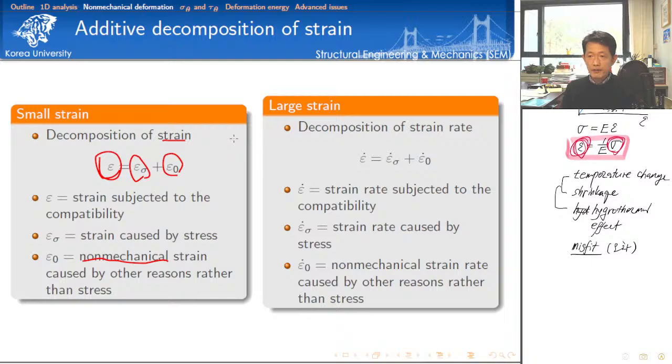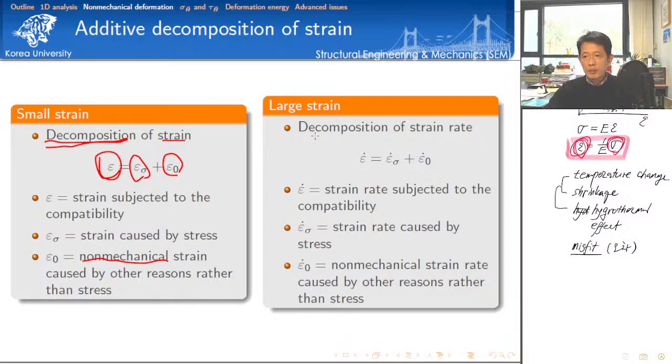But what if we have large strain? In the case of large strain, the linear decomposition of strain is not valid, okay? Because we have highly nonlinear strain development. So in that case, we cannot use the linear decomposition of total strain.